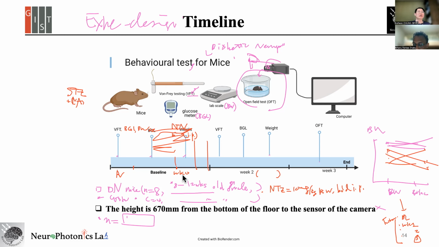So days, because week is so wide. You are not talking about weeks. You have to say day. So you have to say day 0. Day 0 is this STZ injection. That's day 0. Before this, when you measure the baseline, you can say day -1.